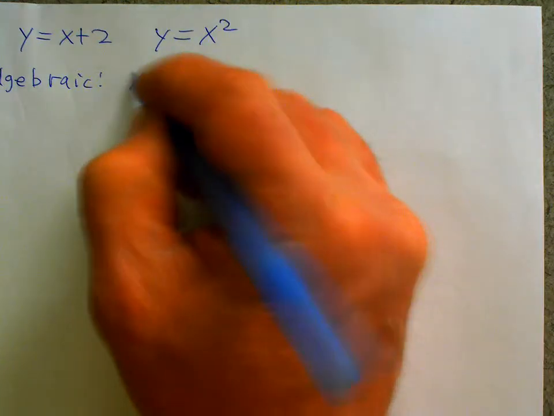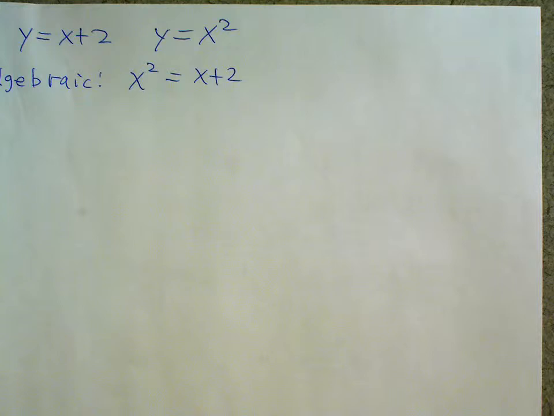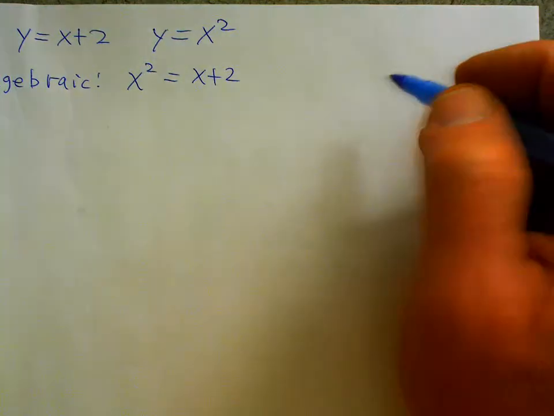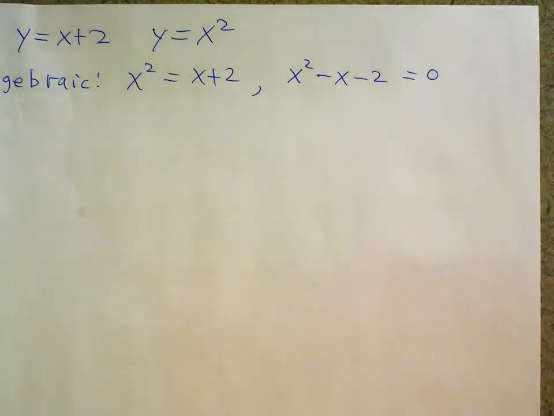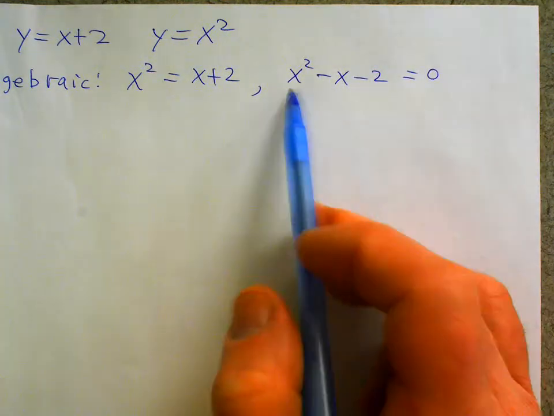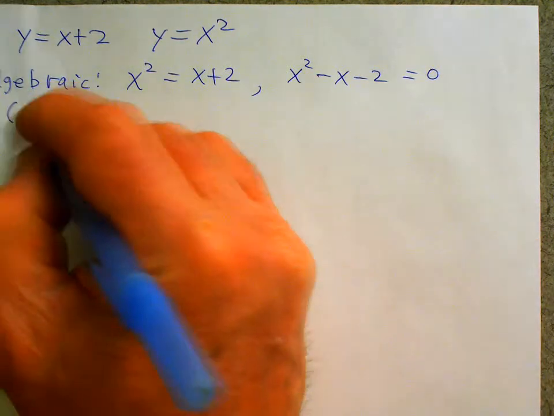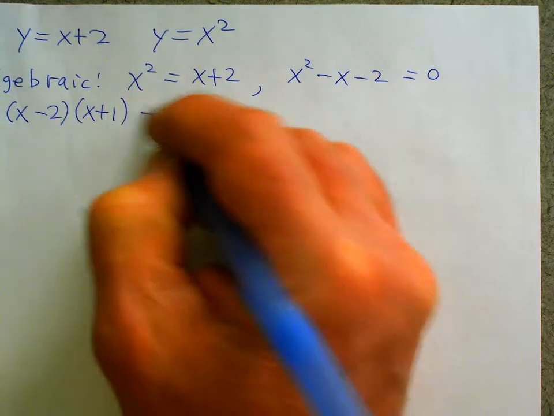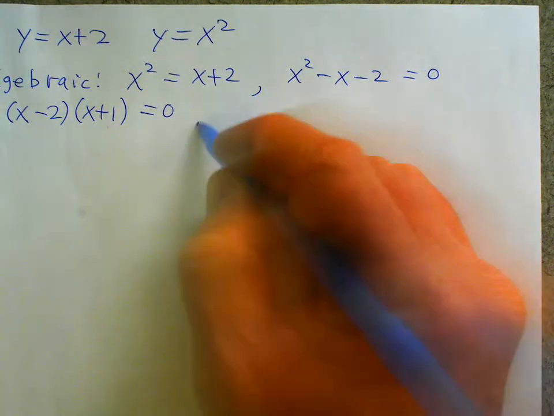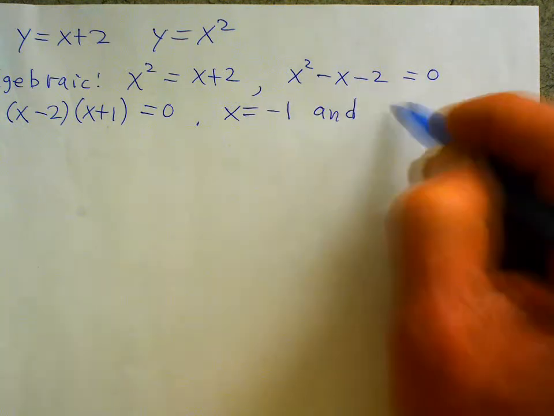So set x squared equal to x plus 2, and then solve. If we set one side equal to 0, x squared minus x minus 2 equals 0, we can solve this by factoring. The two factors are x minus 2 and x plus 1. And the solutions are x equals -1 and x equals 2.